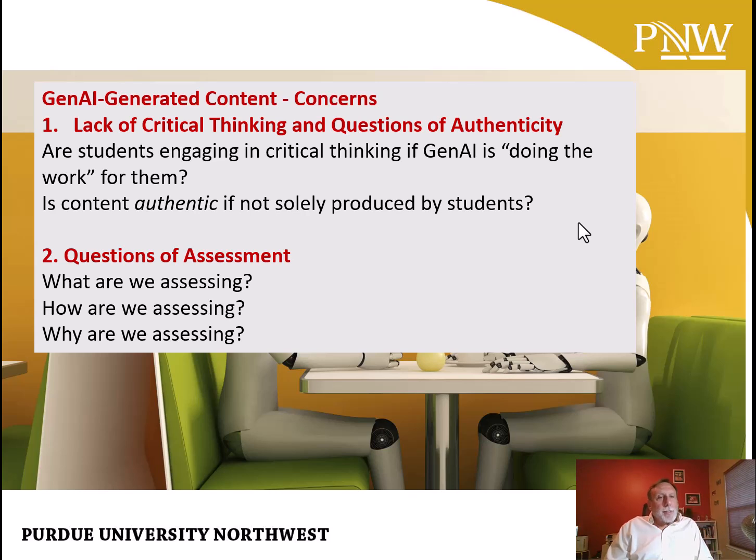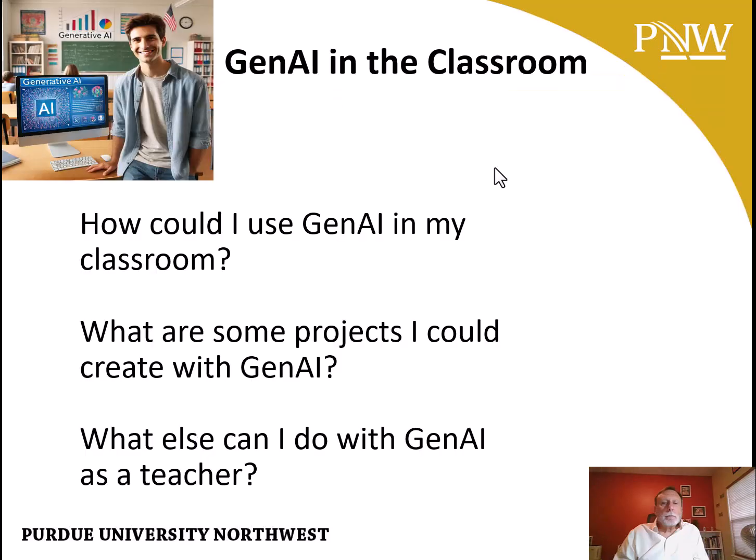And then finally, in a moment of frustration, we might even ask, why are we even bothering to assess it? Okay? So these are the concerns that we have. And as we learn more about generative AI and think about tactics for how we could use it in the classroom, perhaps we can lessen some of those concerns.